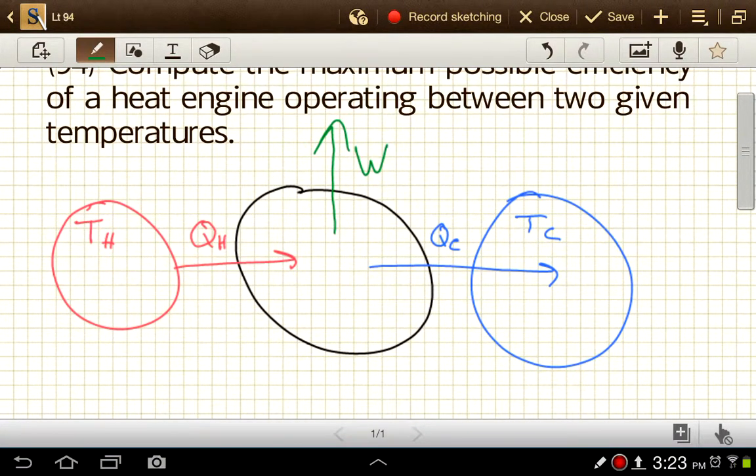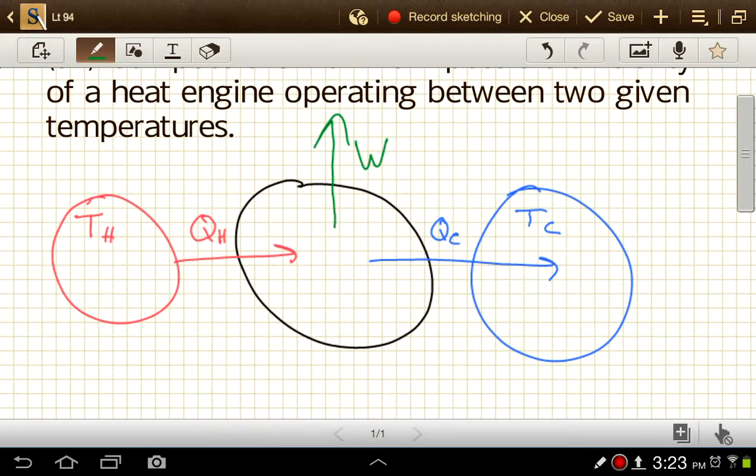And it turns out that the amount of work we can do is going to be equal to the amount of heat energy we put in minus the amount of heat energy we put out. So that's the amount of work we can do in these processes.